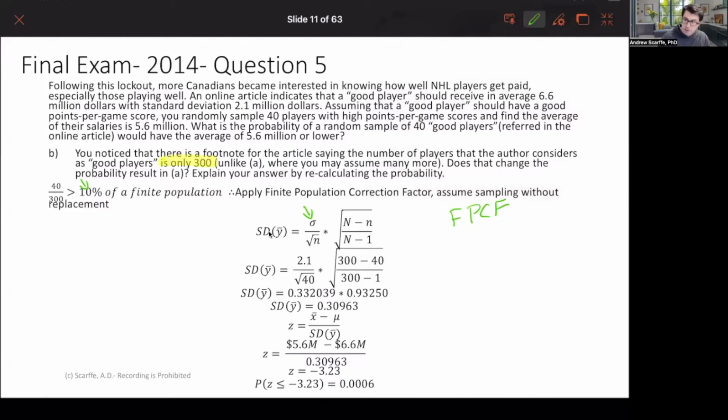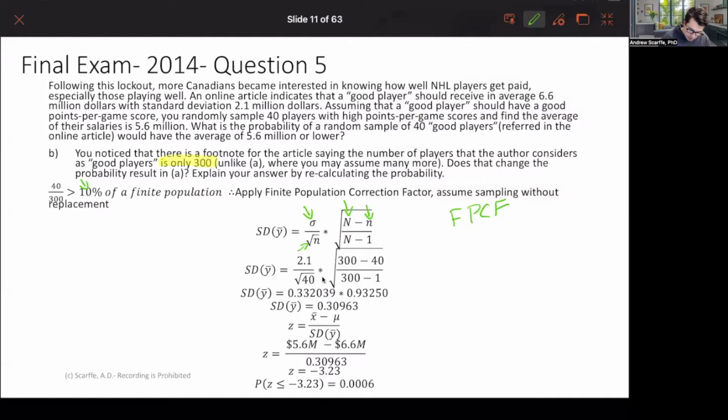So that is sigma, the standard deviation of our population, divided by the square root of n. And then we multiply it by the finite population correction factor. In this case, this is big N, the size of your population, minus little n, which is the size of your sample, divided by big N minus 1.